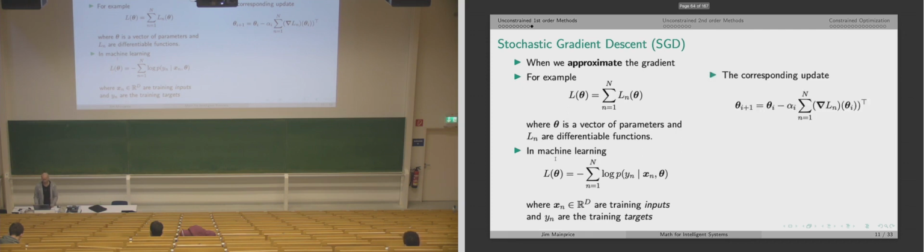The corresponding update for gradient descent would be to update the parameters of your model based on the sum of the gradients of all these different L's that are these different branches being combined.